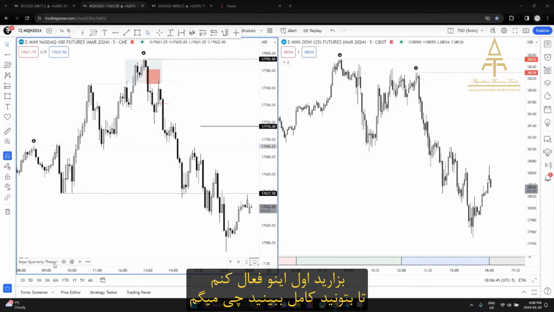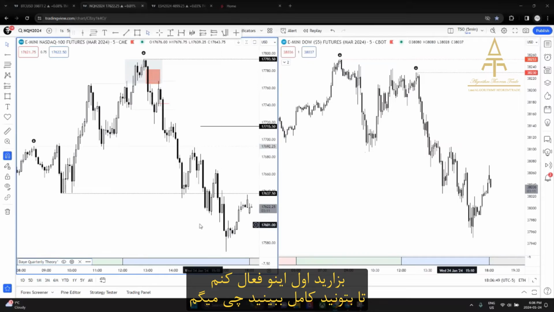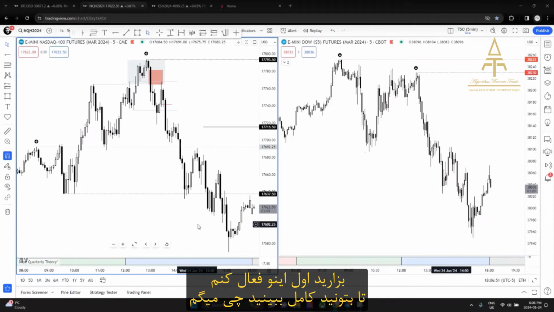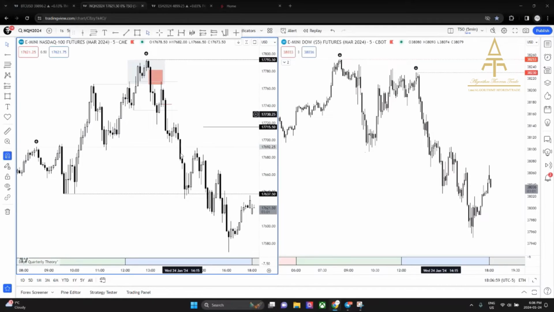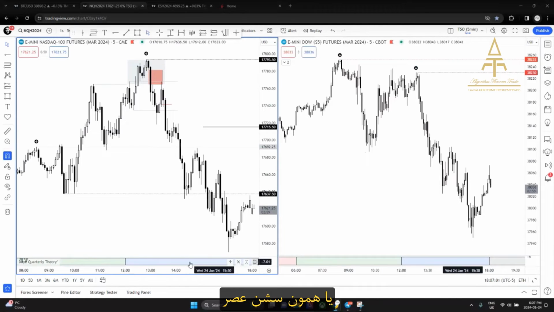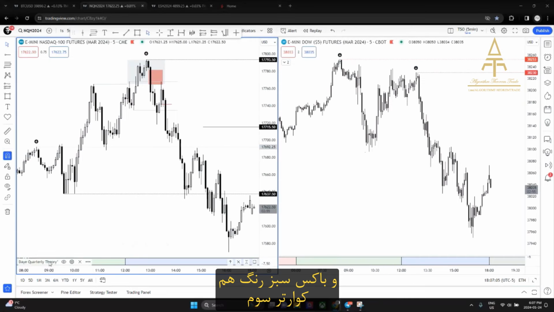Maybe I have to turn this on so you guys can see it better. So this is Q4. This is Q4. The blue annotates Q4, the afternoon session. This is Q3.